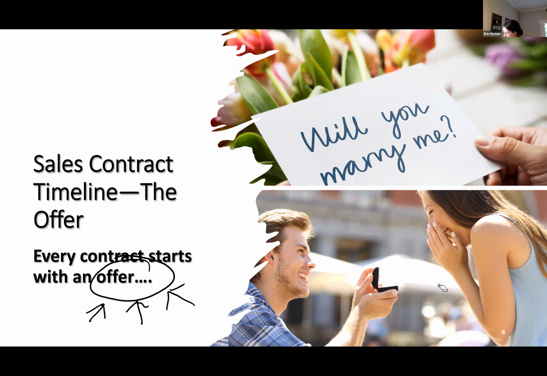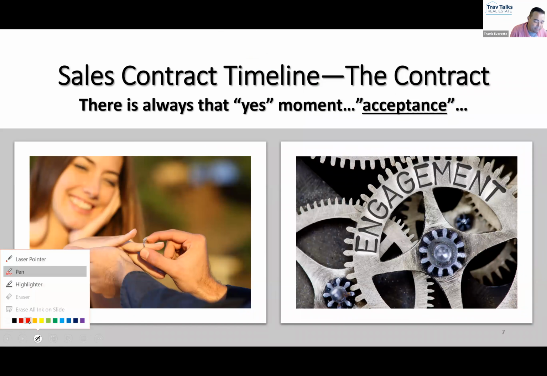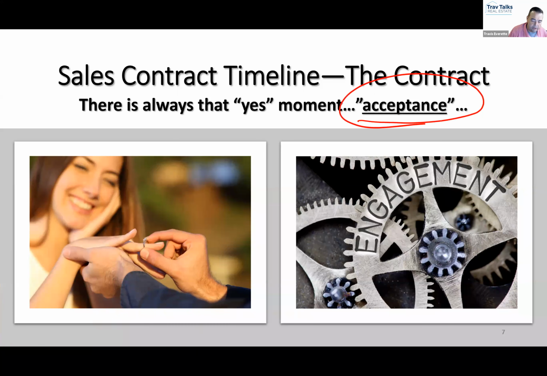Okay. So if the proposal is an offer, the yes is the acceptance. That's a word we're going to deal with a lot in the next few hours. Acceptance. What does this word acceptance mean? Acceptance means both parties have now agreed to be locked together.